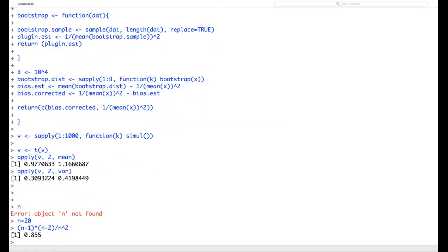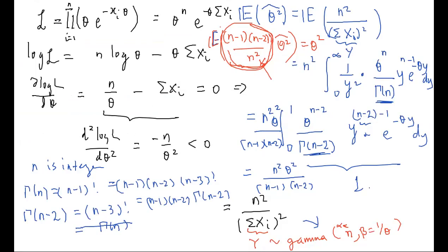Let me check that. Okay, n minus 1 times n minus 2 over that. Then multiply by that value. So it should be close to 1.